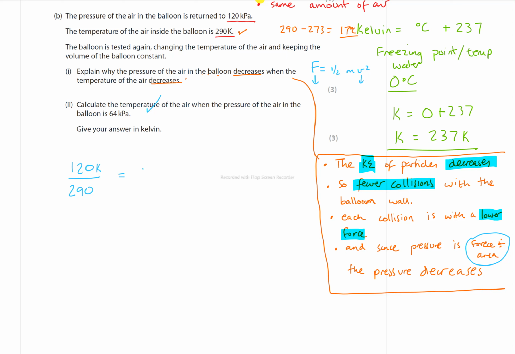See, I've got to be careful with that K because it's going to make it look like Kelvin. So let's do 120,000 pascals over 290 Kelvin equal to 64,000 over temperature 2. Right, that's that first thing. So it's P1 over T1 is equal to P2 over T2.